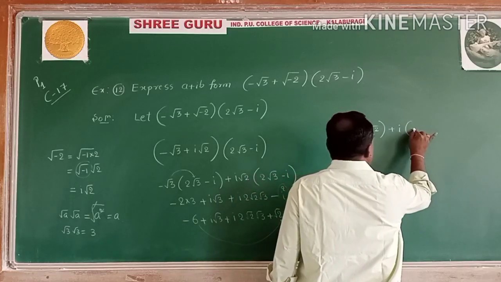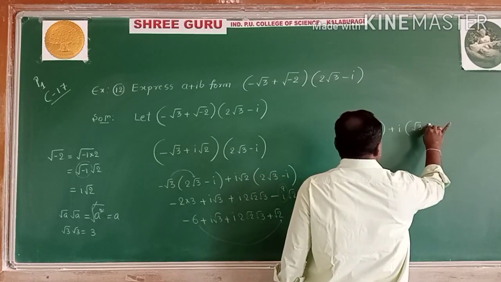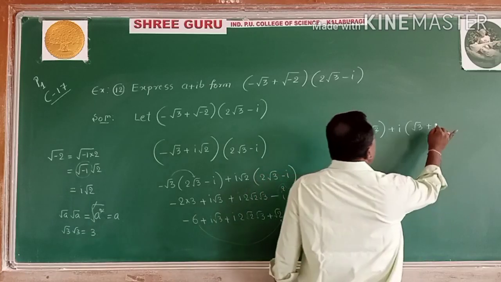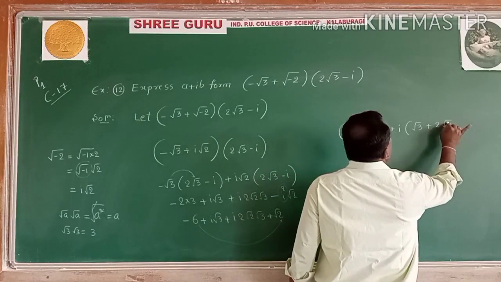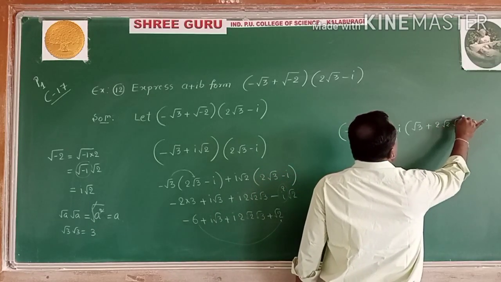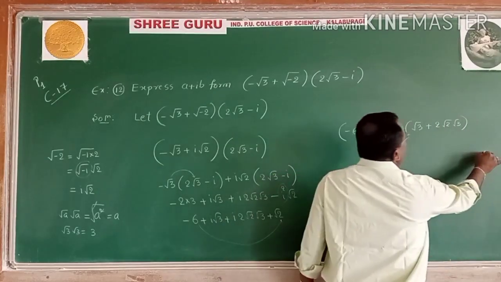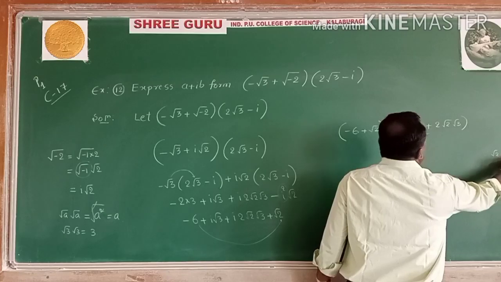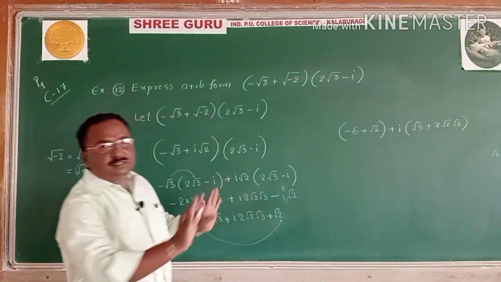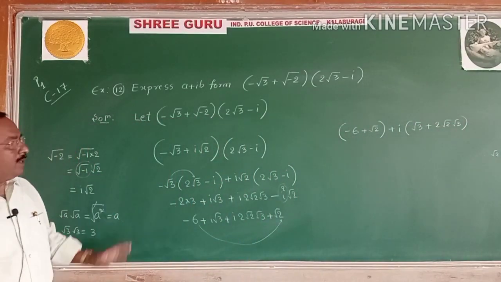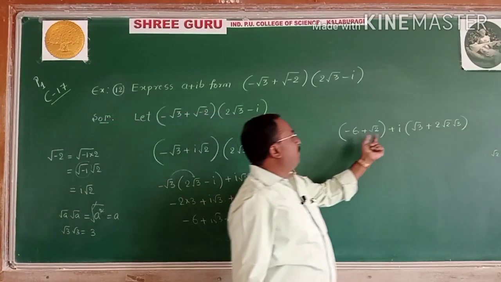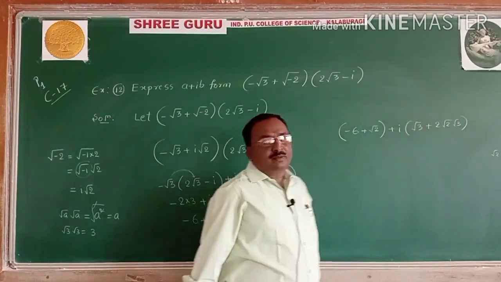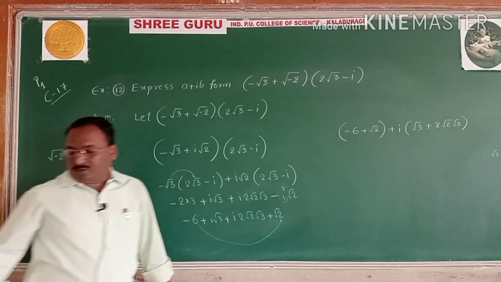Root 3 plus, taking i common, 2 root 3, because root 2 root 3 is root 6, otherwise keep as it is. This is the separate real and imaginary part. Express in a plus ib form.